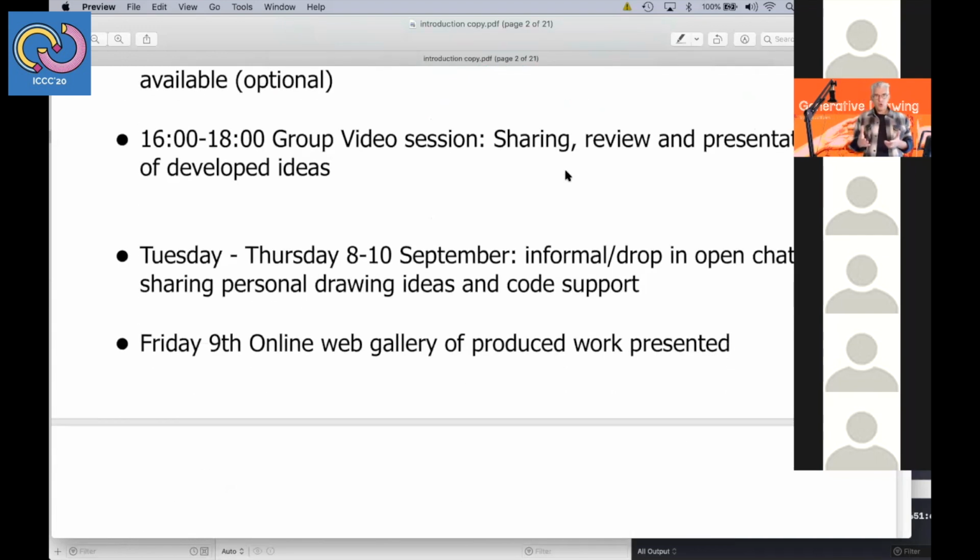Of course, all of the documentation is online on GitHub, the source code and examples. And then through the week, between Tuesday and Thursday, I'm going to keep on the Slack channel, allowing for different time zones, to have discussion with you and hopefully do some code sharing. And then on Thursday, we will see whether this works out the way that we hope. It would be great if people can share code and share screenshots or videos of what they've built.